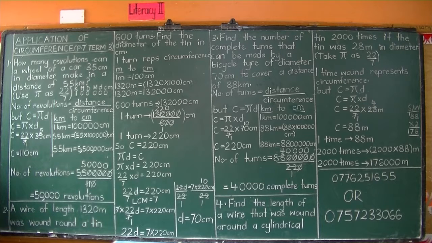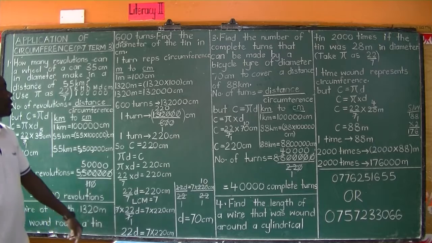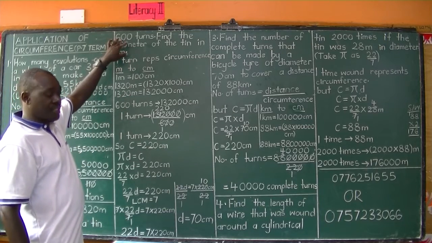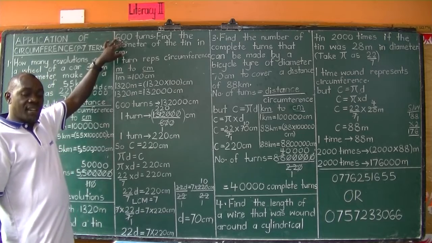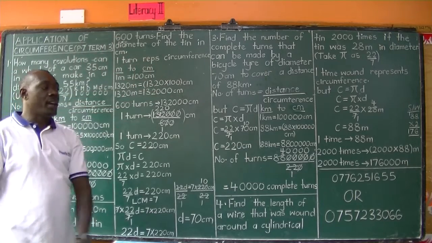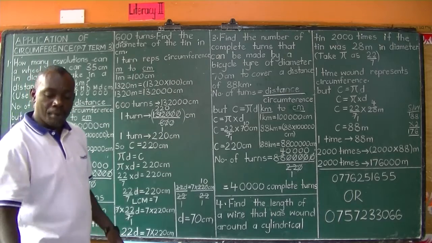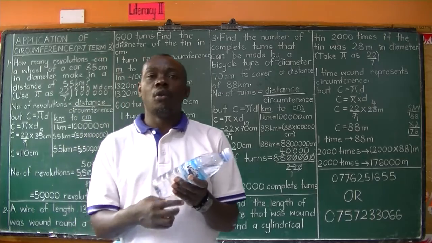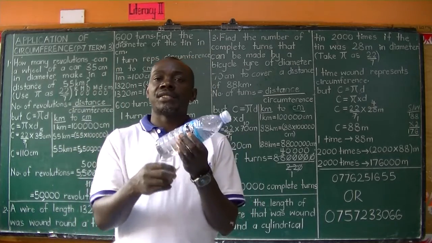Then we look at example number 2. A wire of length 1,320 meters was wound around a cylindrical tin 600 times. Then the question: find the diameter of the tin. You have seen people having tins or a wire wound around something like a cylinder.